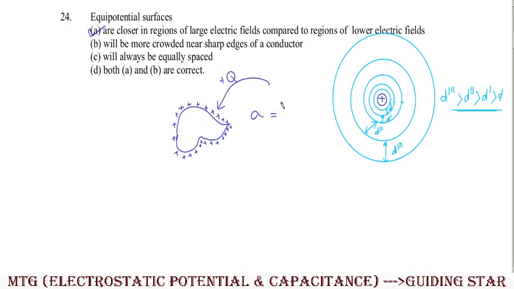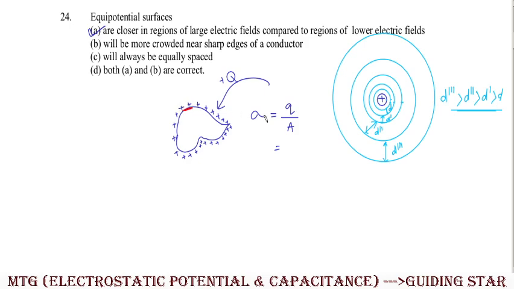We know that surface charge density is nothing but charge divided by area. If we take a particular curve over here, then we can find out the radius of curvature.